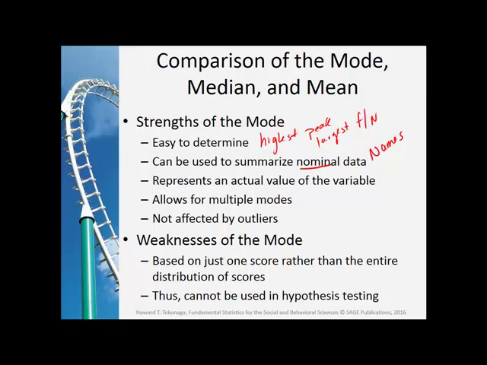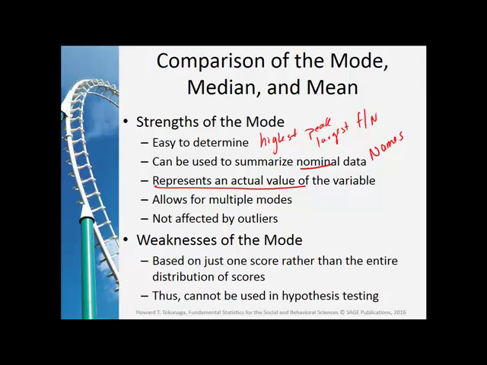Compared to the median or the average, the mode is the one that is guaranteed to represent an actual value of the data. For the median, when you have an even number of observations, what you're doing sometimes is calculating the average between those two in the middle.